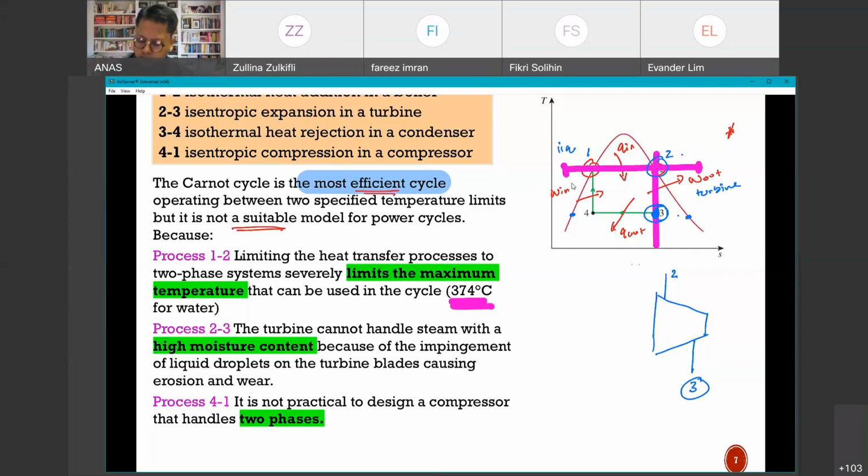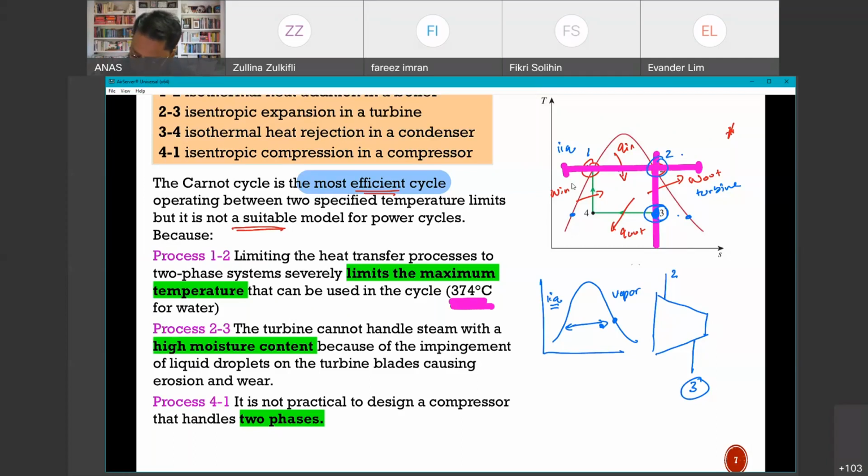We learned that in terms of the diagram, as we go to the left, this is purely liquid, and if we go to the right, this is purely vapor. In between, what we have is the mixture. As we move closer to the right, we have more vapor compared to liquid.